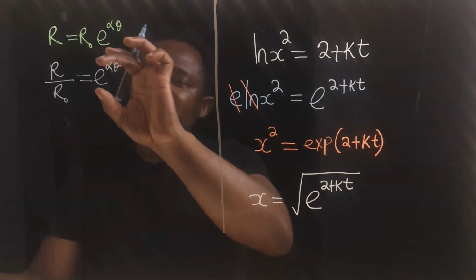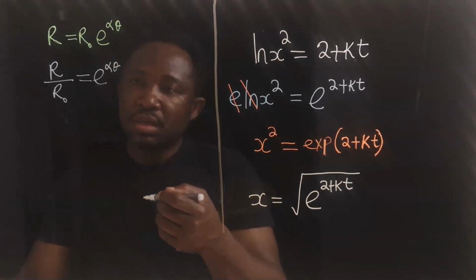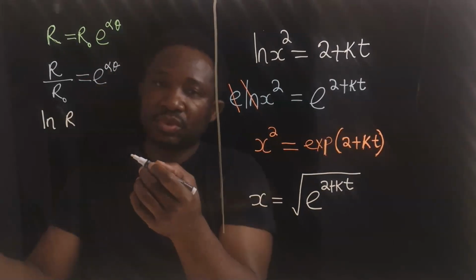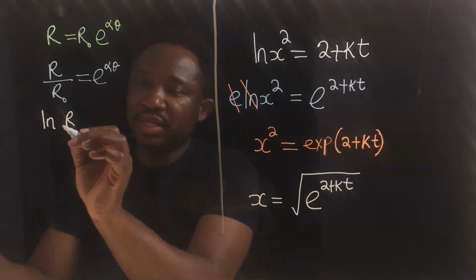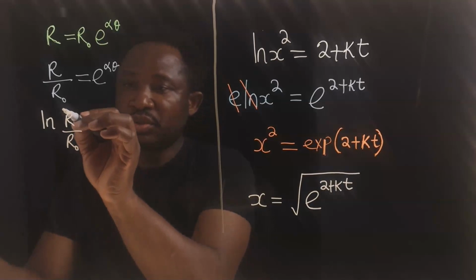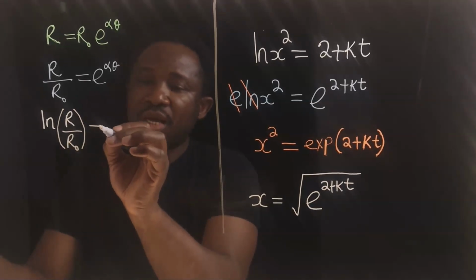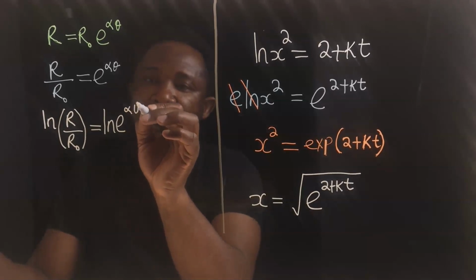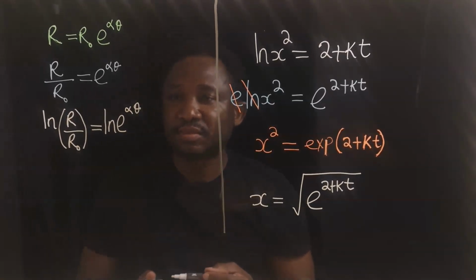To eliminate this exponential, I will take the natural log of both sides, and we're going to have the natural log of r divide r subscript naught, and on this side I'm going to have the natural log of exponential alpha theta.